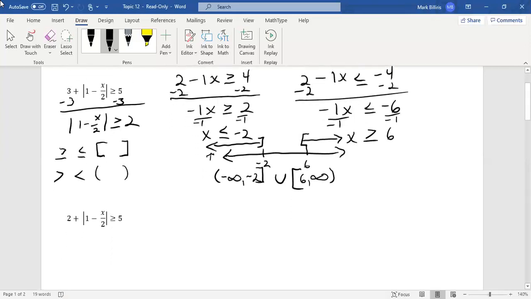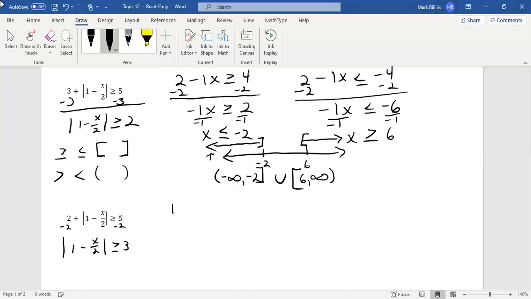Next, same thing. We start by isolating our absolute value. So I'm going to subtract 2 from both sides. And this leaves me with the absolute value of 1 minus x over 2 is greater than or equal to 3. Now I set up my two inequalities.